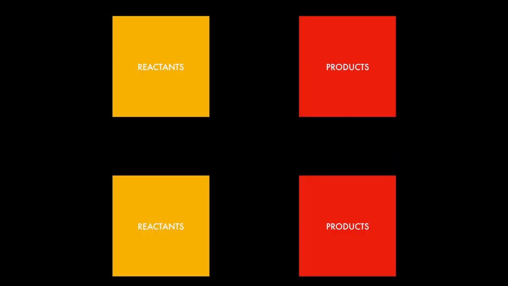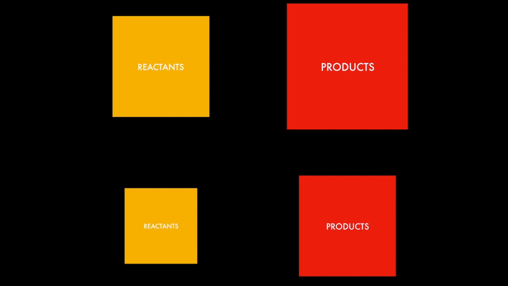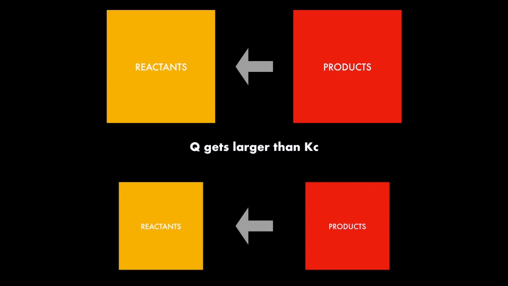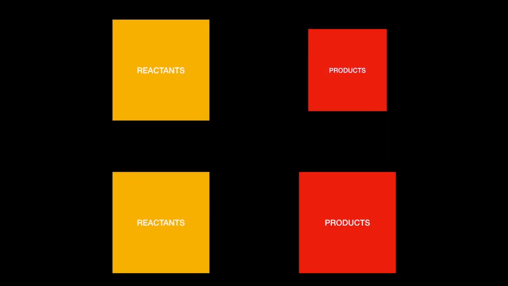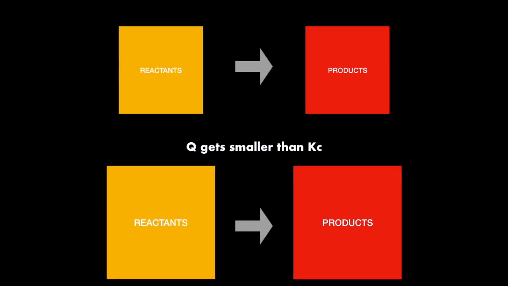Analyzing from a mathematical perspective, if you increase the concentrations of the products or decrease those of the reactants, again, no real products or reactants in a reversible reaction, the value of Q will be larger than Kc. Hence, the reaction proceeds to the left. Likewise, if you decrease the concentrations of the products or increase the concentrations of the reactants, Q will be smaller than Kc, which indicates that the reaction will proceed to the right.